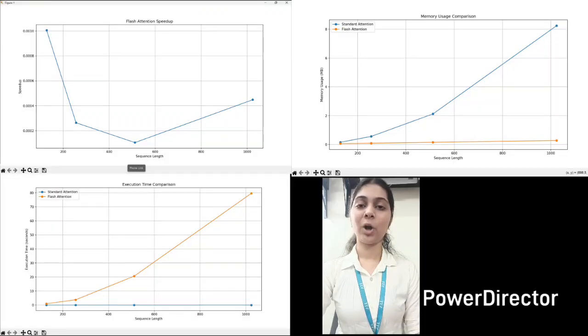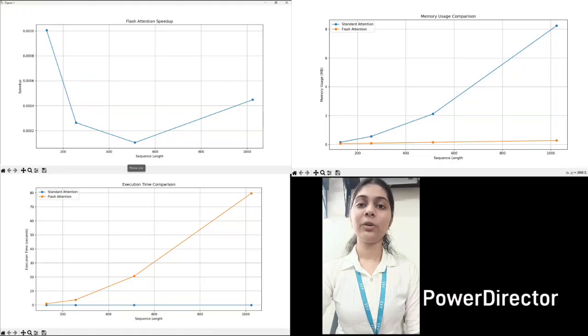From the results, we observed that for smaller input sizes, both standard attention and tiled attention perform almost similarly. However, as the sequence length increases, standard attention becomes significantly slower and its memory usage increases rapidly. In contrast, tiled attention remains more stable, consumes less memory, and delivers better performance for large inputs.